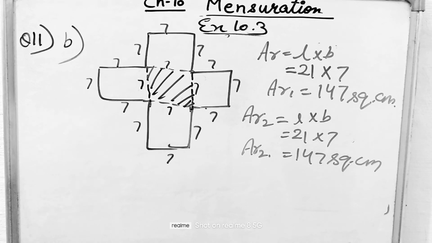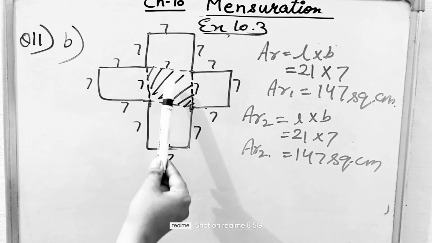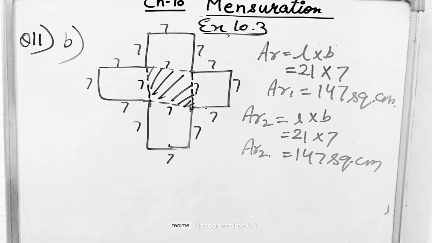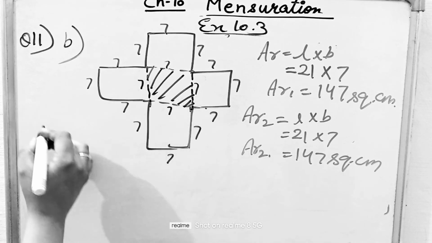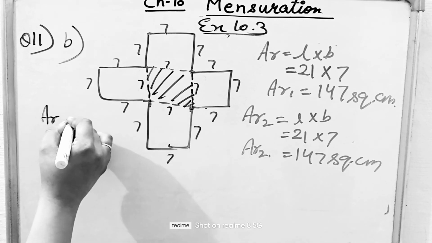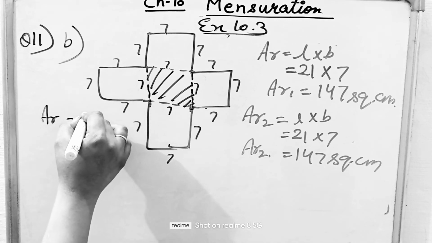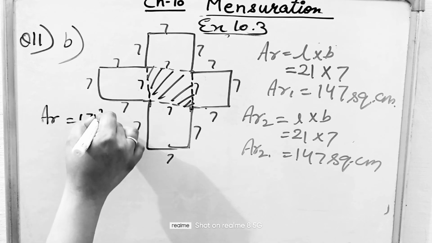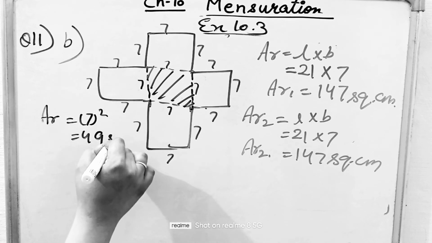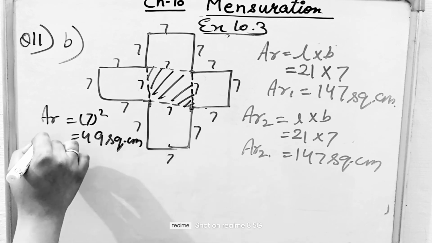Now for the area of this figure, what we have to do, we are covering this square area 2 times, so we will subtract it for once only, right? For that we need to find area of this square also, which is 7 square and 49 square centimeter, you can write.